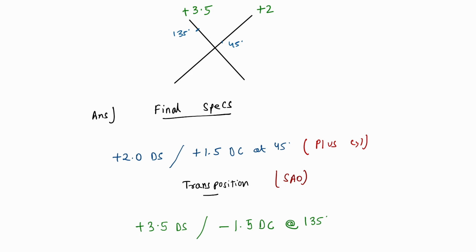Now using the transposition principle, we will convert into negative cylinder form. We add both spherical and cylindrical values: 2 plus 1.5 is 3.5, and we change the sign of the cylindrical, plus 1.5 becomes minus 1.5, and to the axis of 45 degree we add 90 degree, so it comes out to be 135 degree.